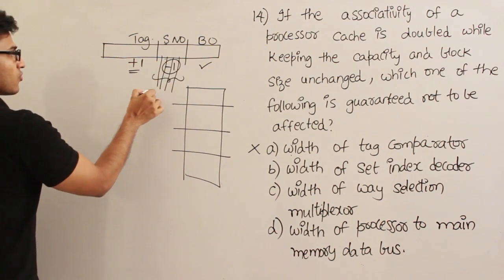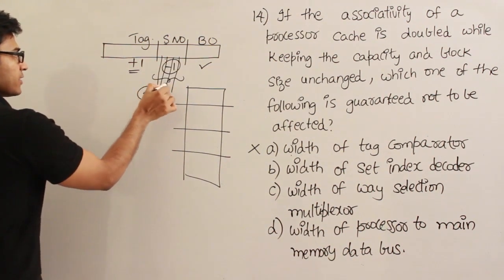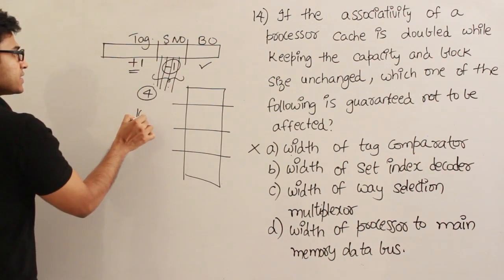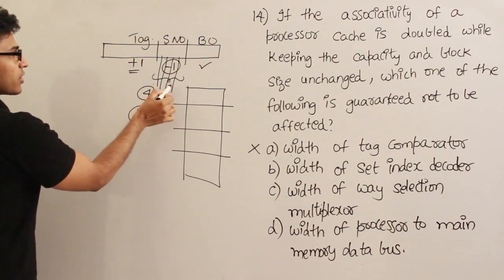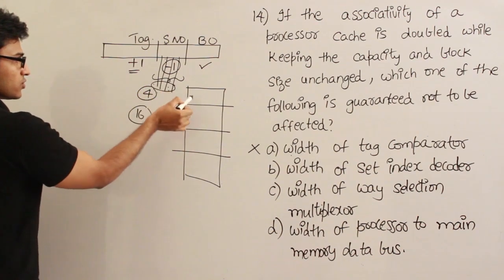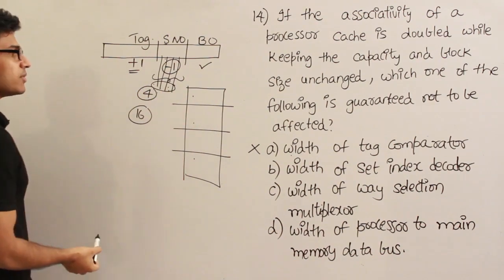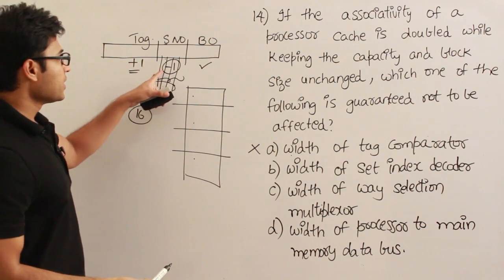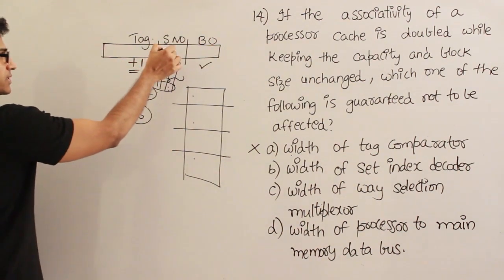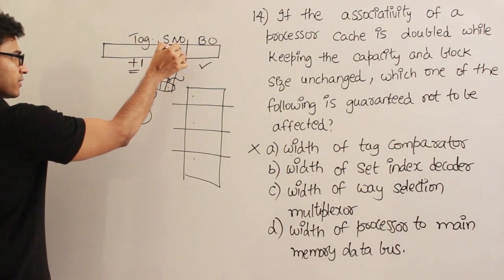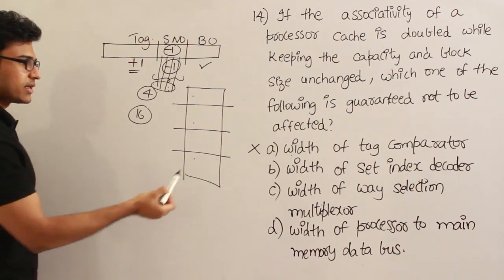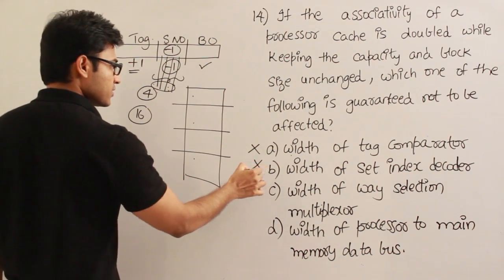For example, if there are 4 bits in the set number, then these 4 bits will indicate 16 sets, and these 4 bits are going to choose one of the 16 sets available. So now since the number of bits here have been reduced by 1, width of the set index decoder is going to change, right?